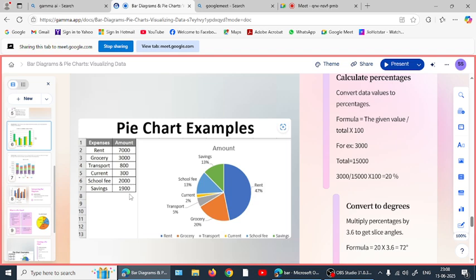Then we got 15,000, and we can pick one value randomly. I already picked 3,000. That 3,000 is divided by the total, then we get a value. That value is multiplied by 100.